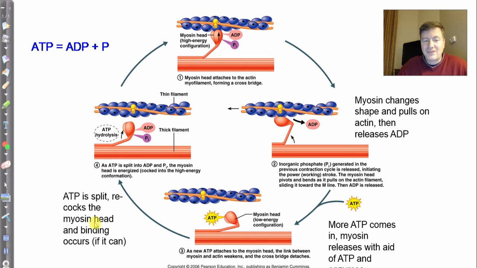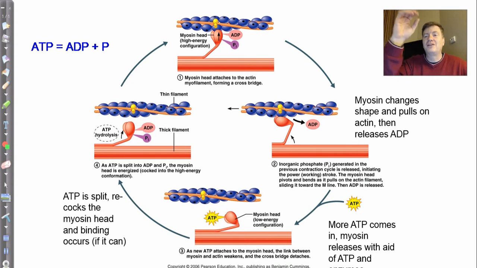Now, myosin is going to bind to actin if it can, as long as calcium is present and as long as calcium is binding to troponin, and tropomyosin is rolled out of the way, then myosin can keep binding to actin a second time, and then a third time, and a fourth time.